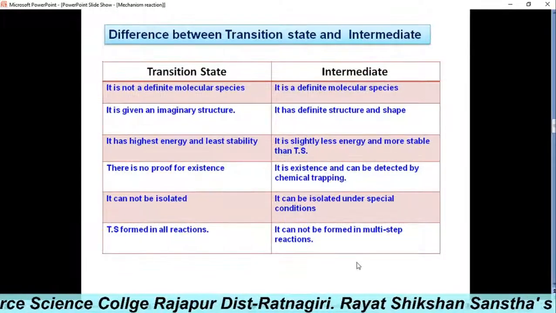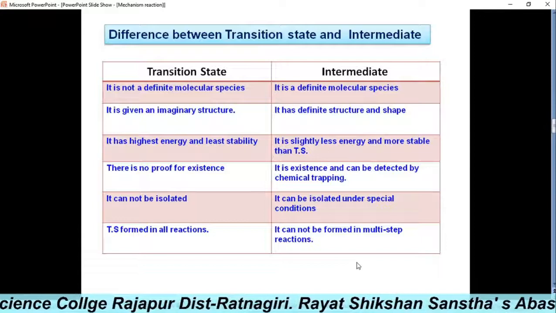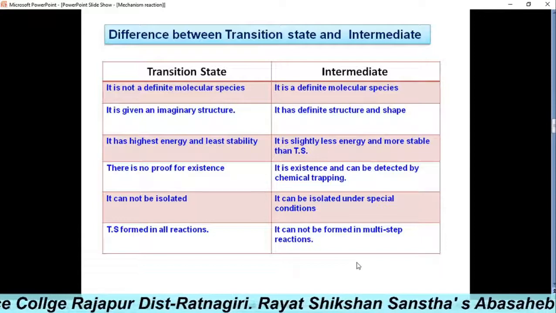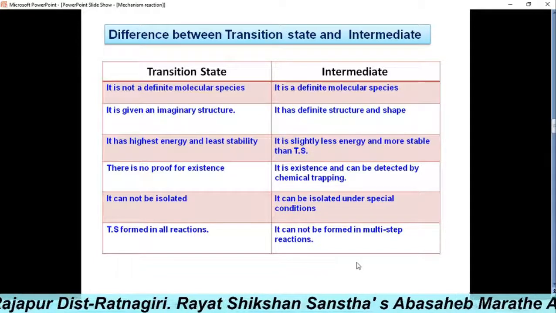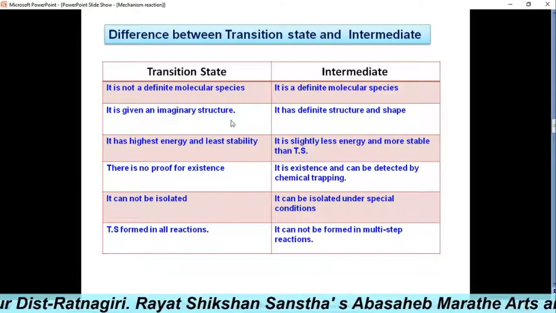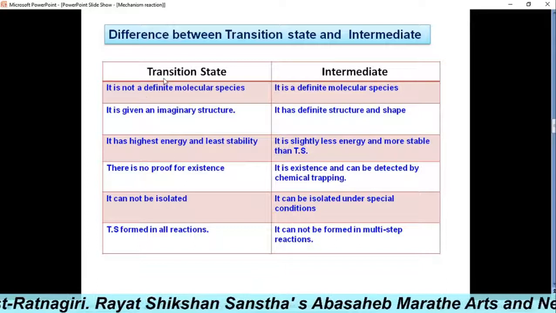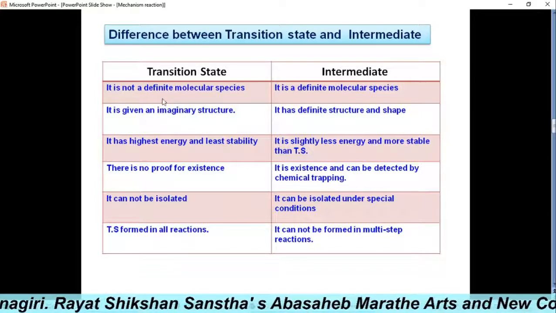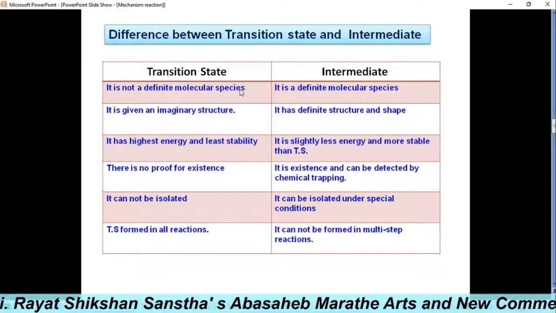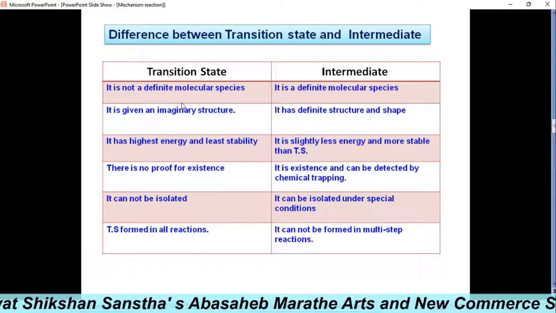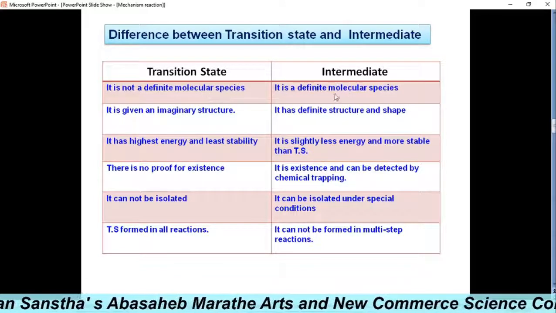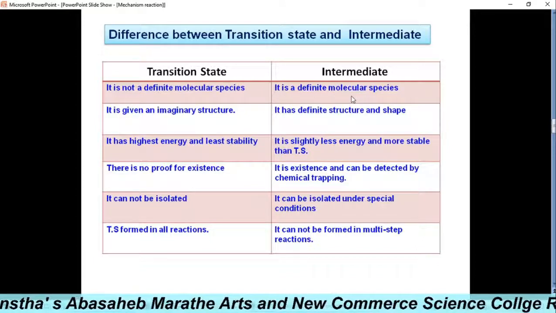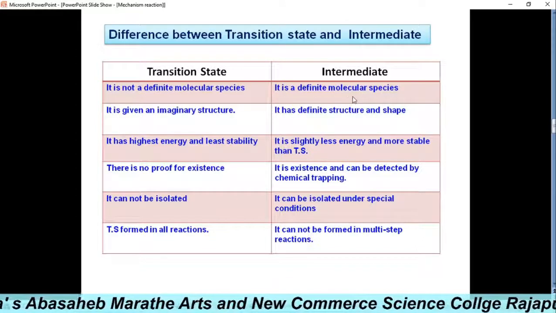Now we have to see the detailed difference between the transition state and intermediate. The first point, in the transition state, what happens? It is not a definite molecular species, but the intermediate is a definite molecular species.